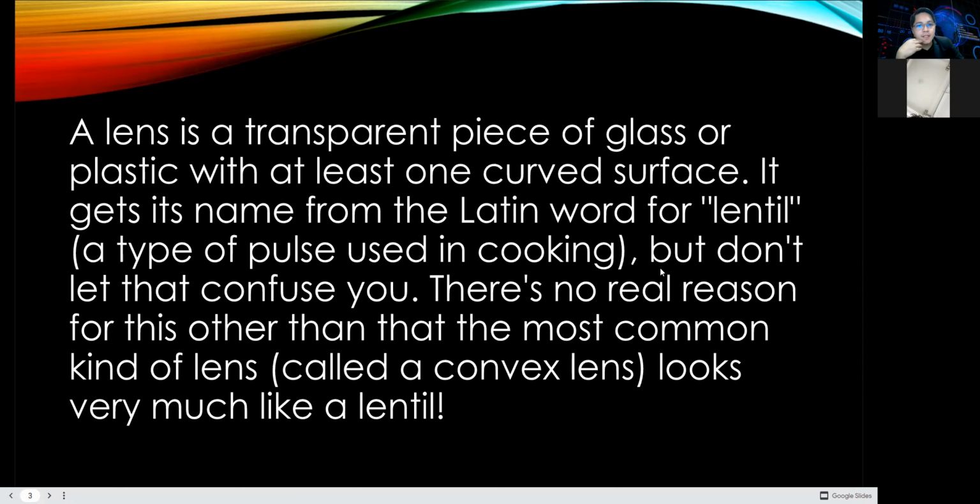It gets its name from the Latin word lentil, a type of pulse used in cooking, but don't let that confuse you. There's no real reason for this other than that the most common kind of lens, the convex lens, looks very much like a lentil.